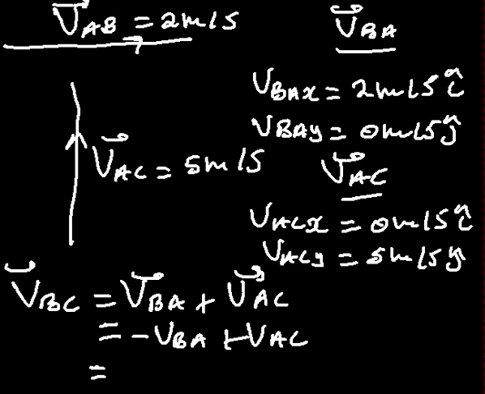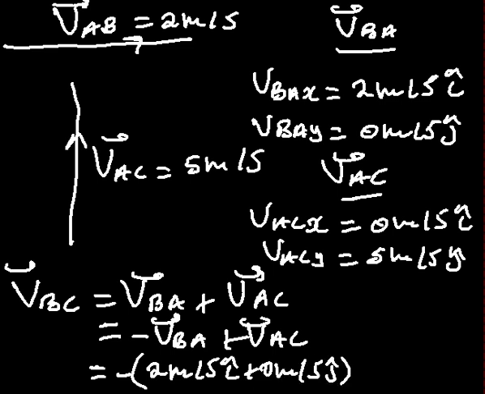Therefore, we'll have to substitute negative. What is vector Vba? So Vba has these components, which means we just have to simply substitute. We have negative 2 meters per second, that is along x, and the plus is 0 meters per second, that is along j.